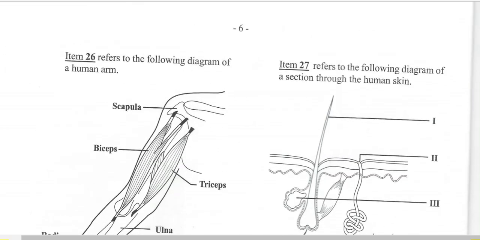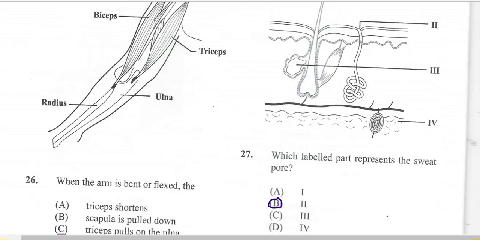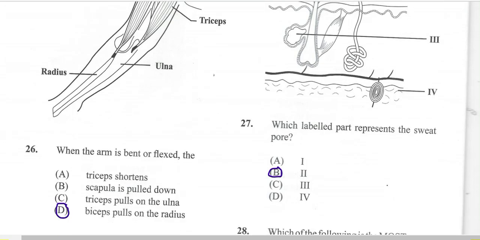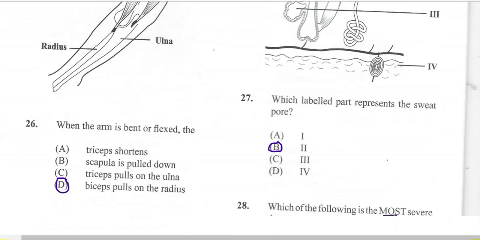So item 27 refers to the following diagram of a section through the human skin. We have labeled the hair follicle, the sweat pore, and of course the sebaceous gland. Here it is asked which labeled part represents the sweat pore, and that's going to be 2, as we showed you earlier. So our answer here is going to be B for 27.